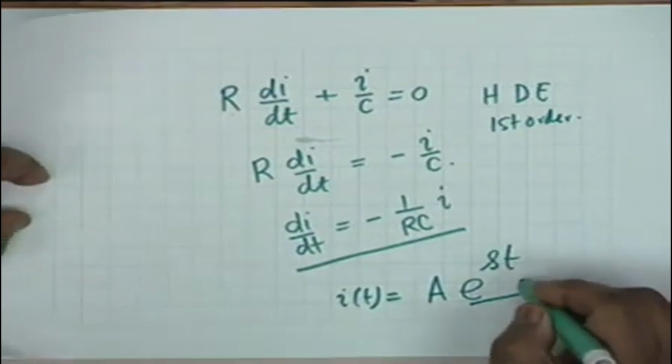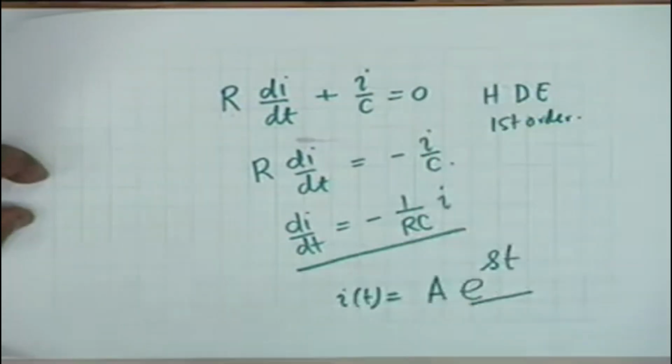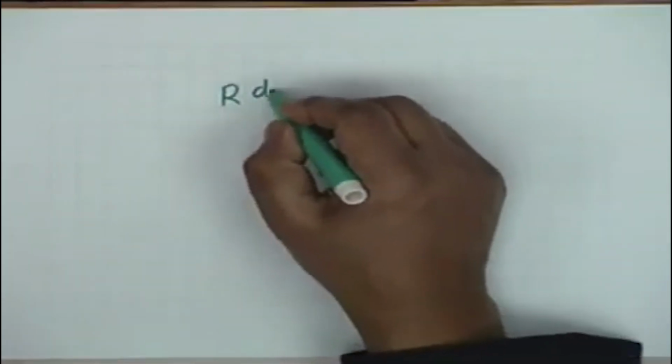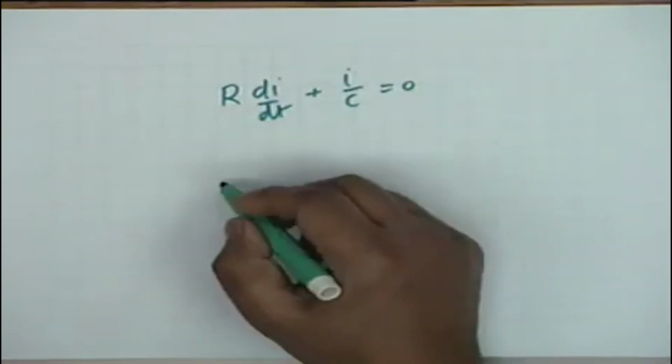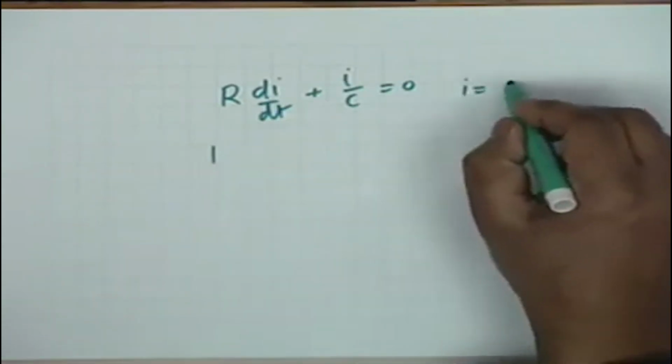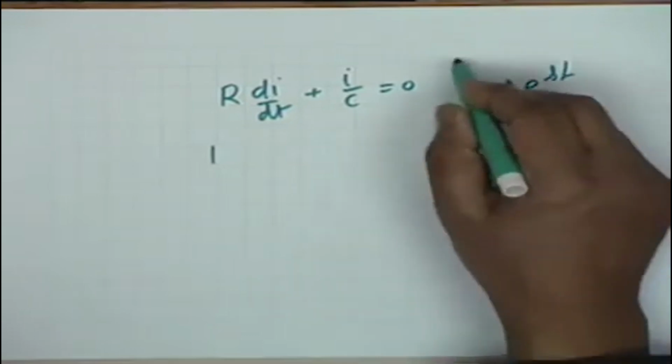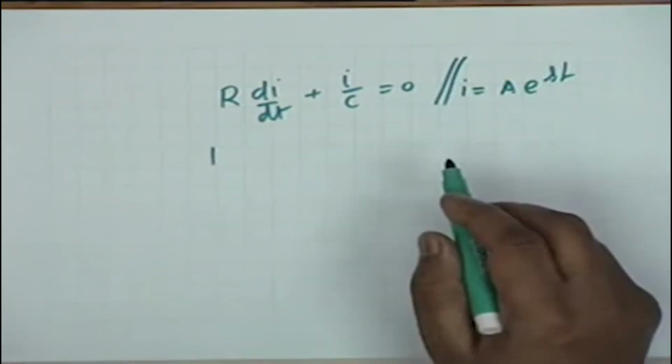Now if I substitute this in the original equation, our original equation is R di/dt plus i by C equal to 0, and I substitute i equal to A e to the st. This is called a trial solution.